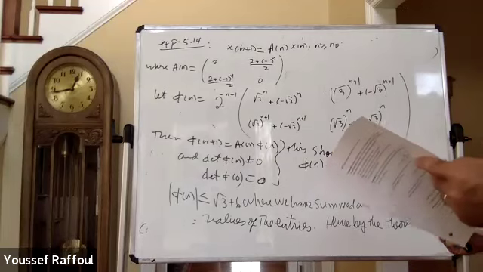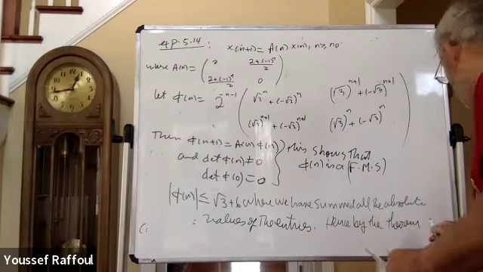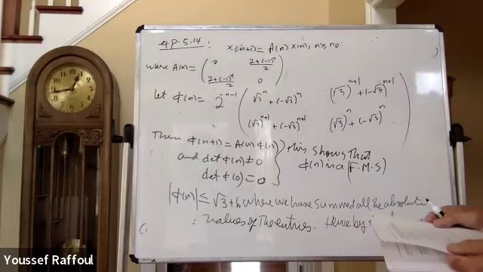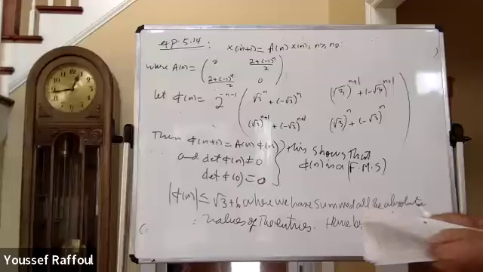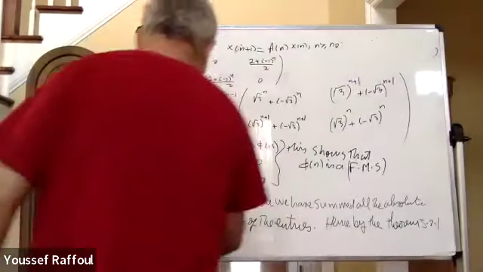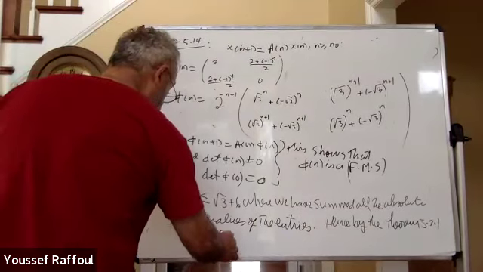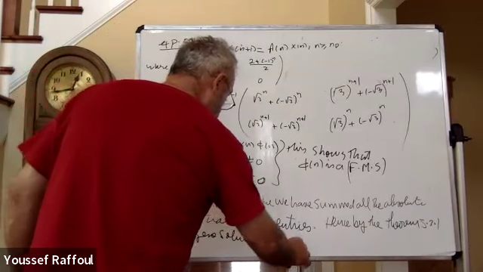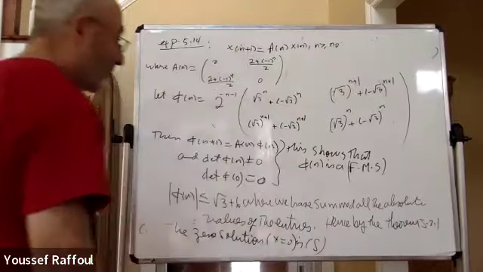let's see what the theorem is. 5.31. The zero solution x equals 0 is stable.